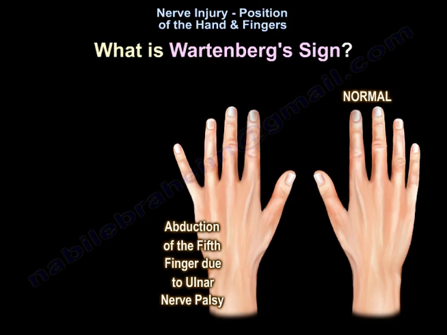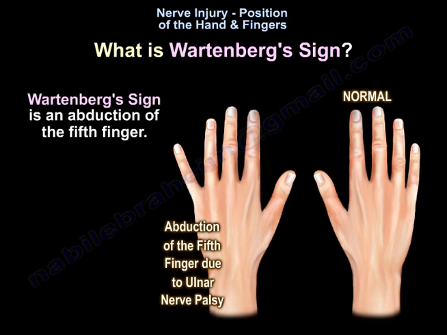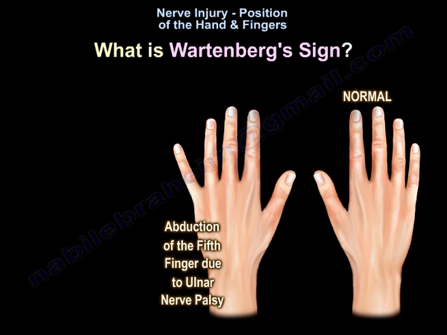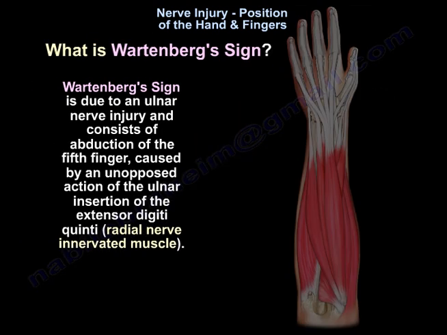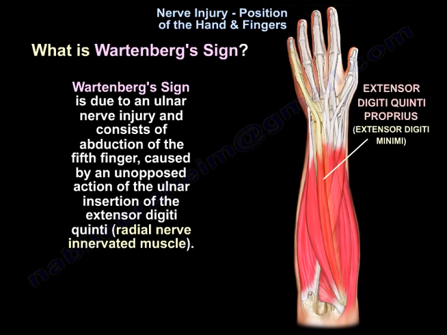What is Wartenberg sign? It is an abduction of the fifth finger. The Wartenberg sign is due to an ulnar nerve injury and consists of abduction of the fifth finger caused by the unopposed action of the ulnar insertion of the extensor digiti quinti, which is radial nerve innervated.